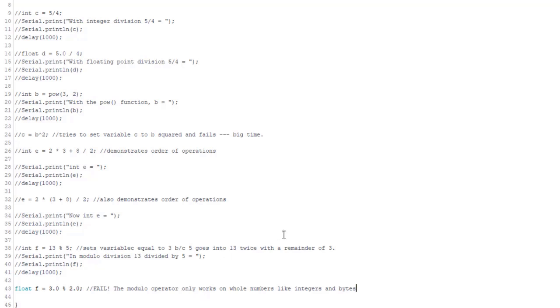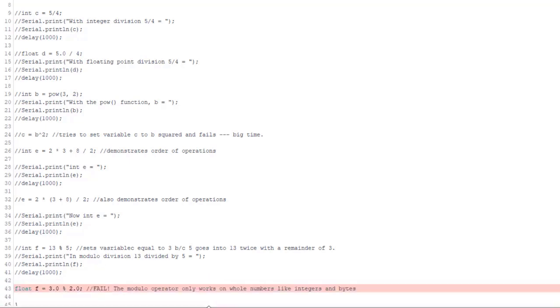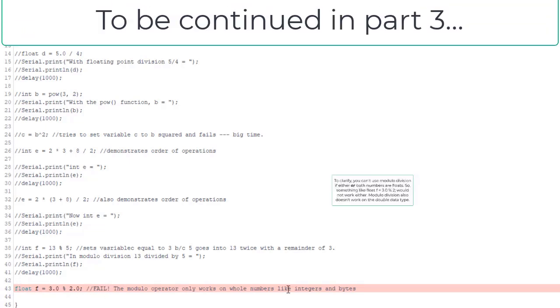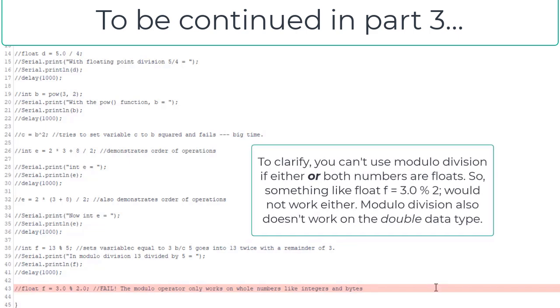But I'm not even going to bother trying to do a printout. Let's just try to compile it. And see right away the compiler gives us an error, and it gives us a lot of cryptic nonsense. But the reason we're getting this error is because we're trying to use modulo division with floating point numbers. So don't do it. Let's comment that away.